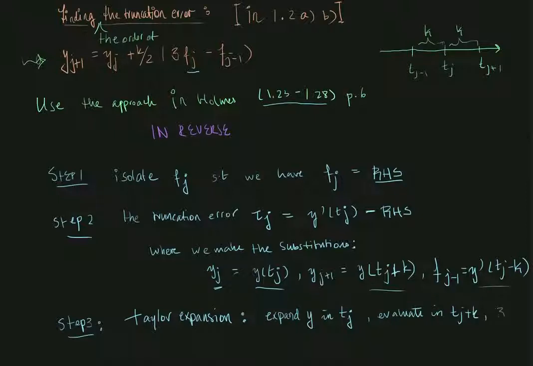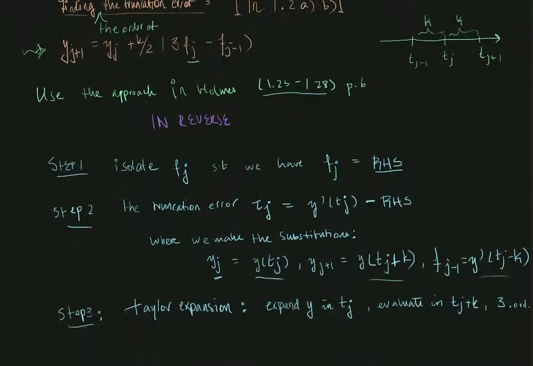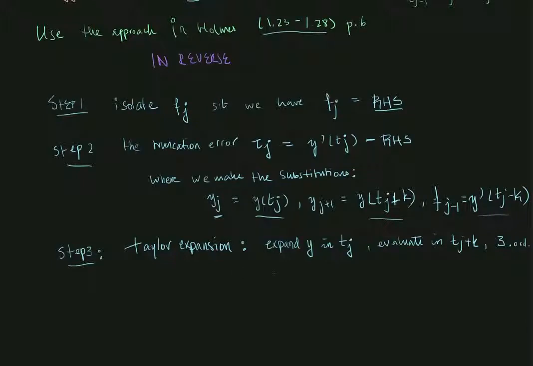And I guess that if we go up to order 3 for the remainder, that should be good. And also we want to expand y prime, because we also want a Taylor expansion of y prime, so that we can write this using some Taylor expression. So expand y prime in tj, and where do we evaluate that Taylor expansion?